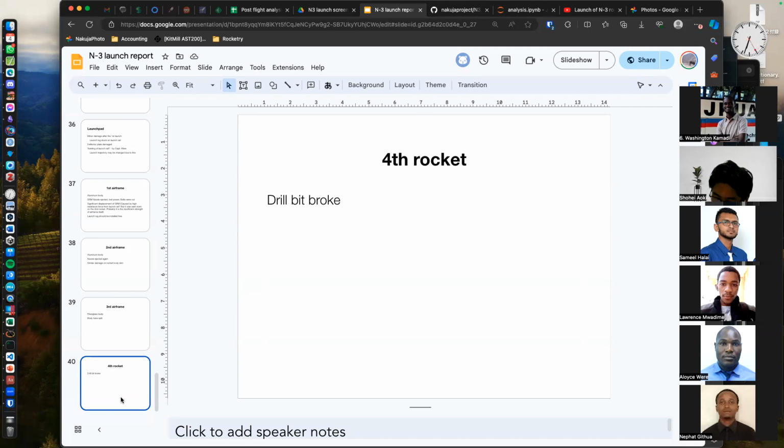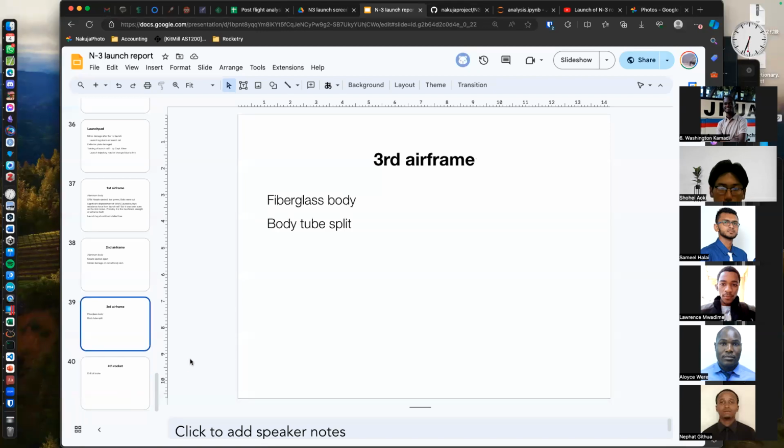About the outcome, maybe rocket number one, if you could replay the video, you could see that the liftoff was clearly vertical. There was evidence of good stability of the rocket as it lifted off.